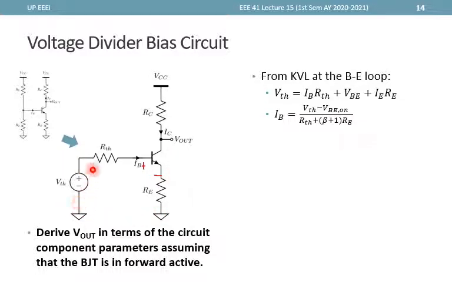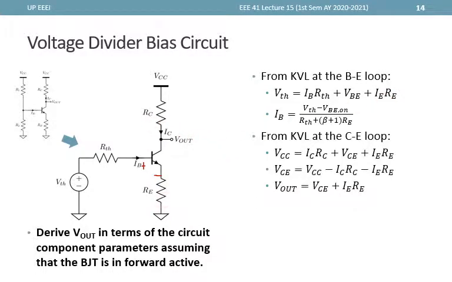So VTH is equal to IB RTH plus VBE plus IE RE, and again, IE is equal to beta plus 1 IB, and isolating IB, we get this expression: VTH minus VBE over RTH plus beta plus 1 RE.